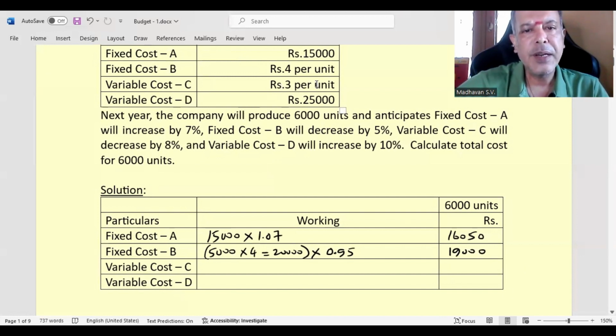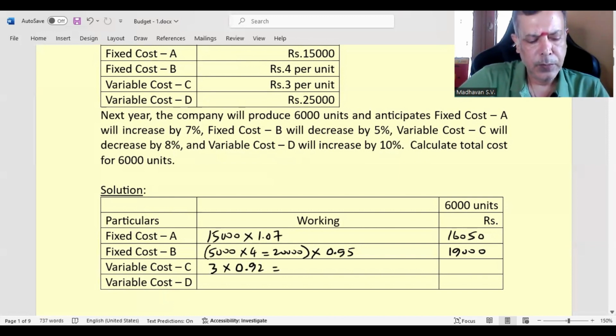Variable cost, here it is given in terms of per unit only. That is what we want. But they say variable cost C will decrease by 8%, which means this 3, it is getting decreased, means we are going to consider only 92% of this, means 0.92 will multiply.